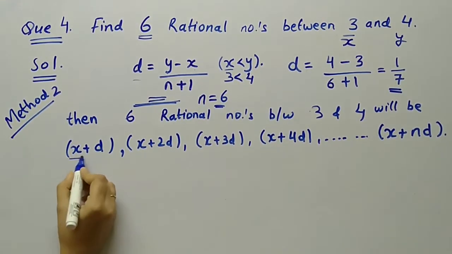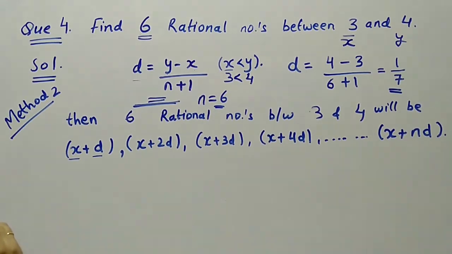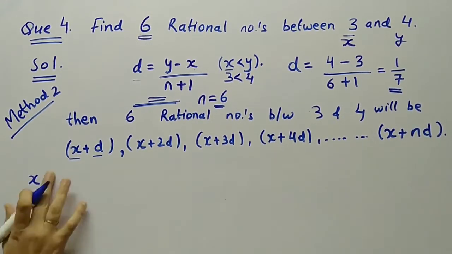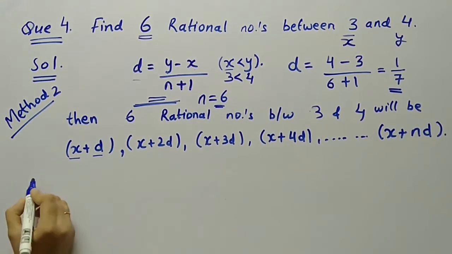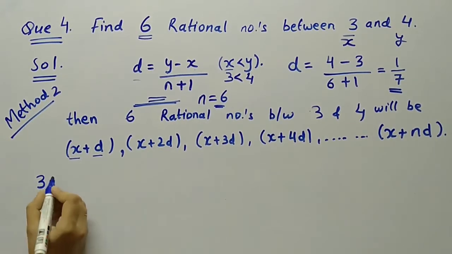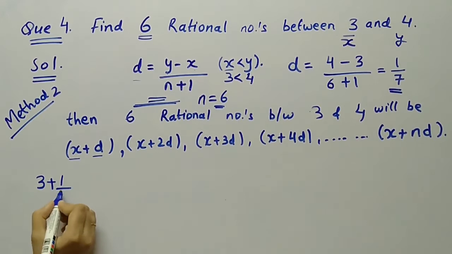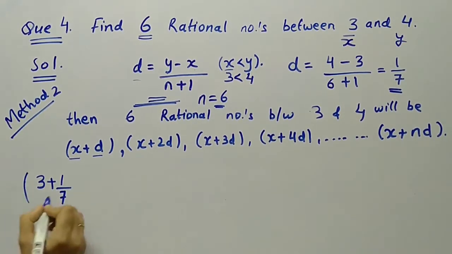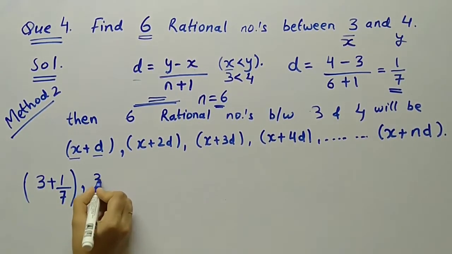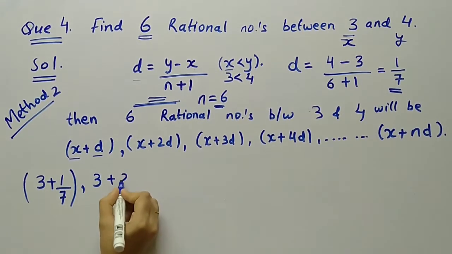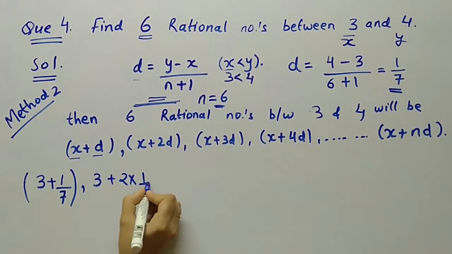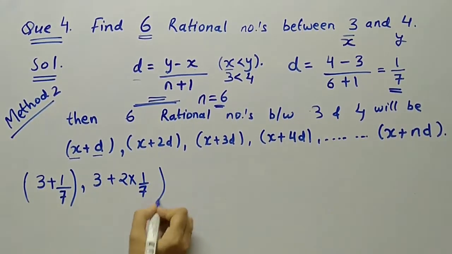So now we will substitute the value of x and d. So x is 3. The first number will be 3 plus the value of d, 1 by 7. So 3 plus 1 by 7. The second number will be 3 plus 2 into 1 by 7.